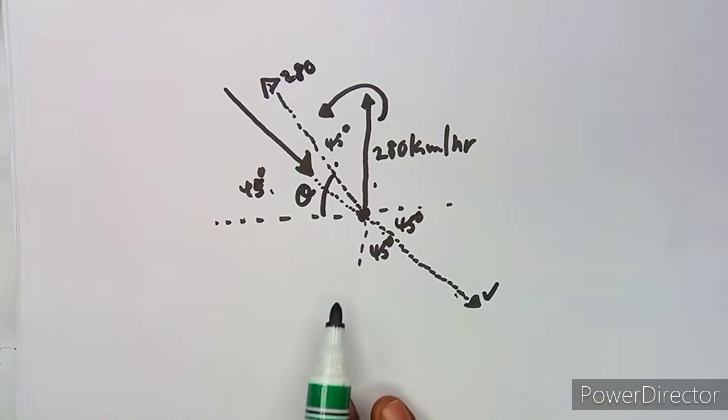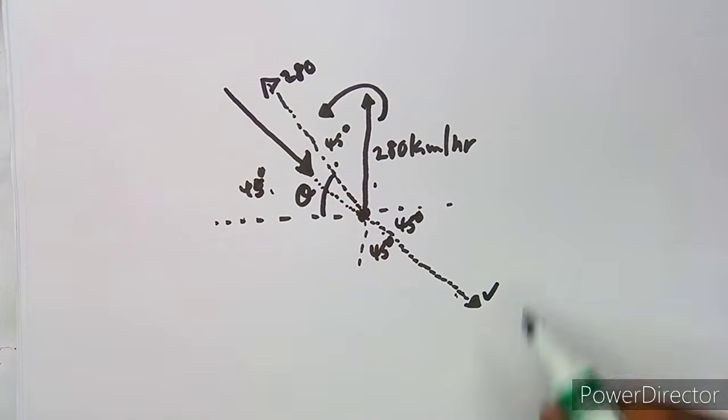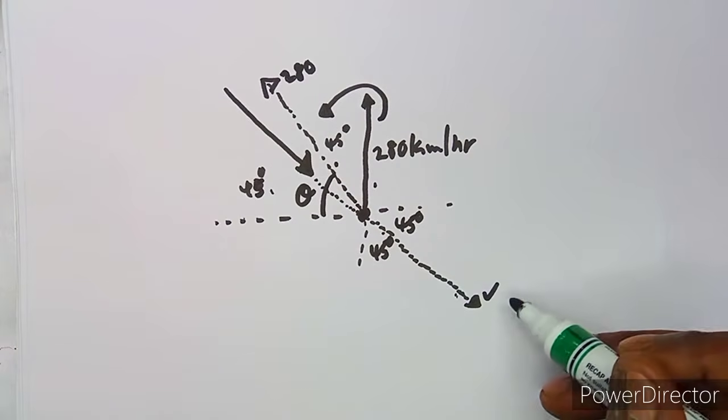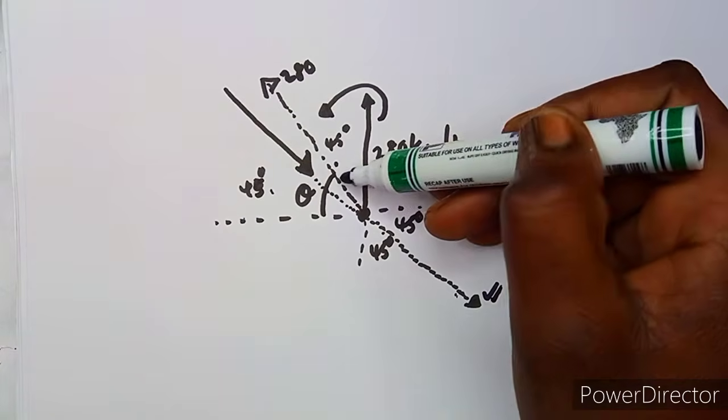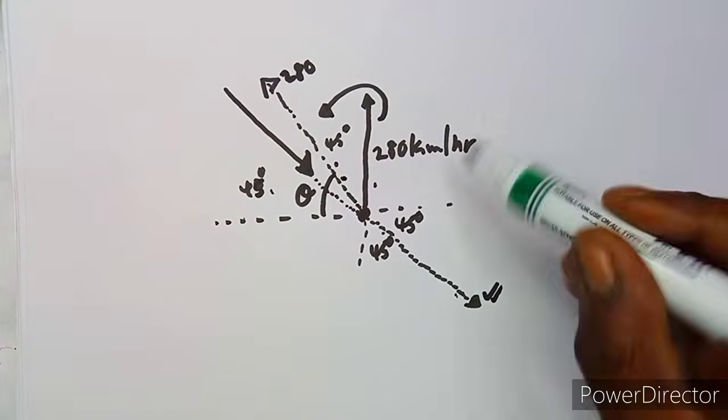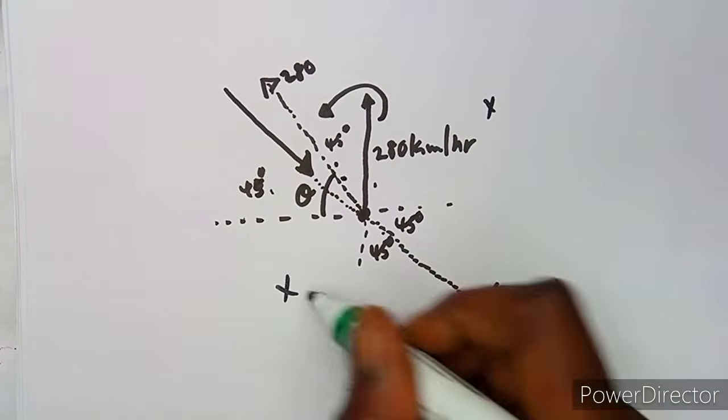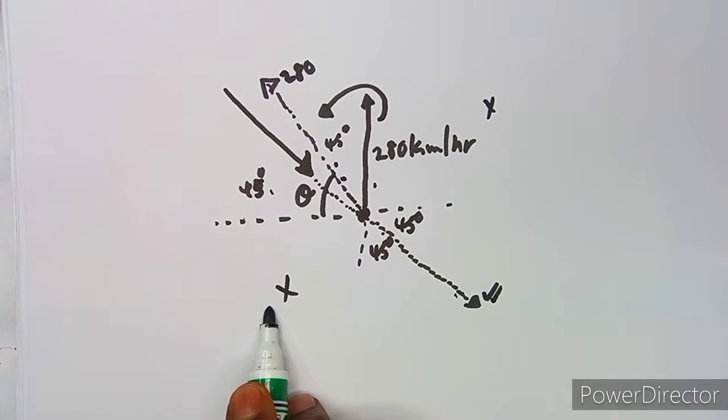Take note, guys, if the resultant of the wind is in this quadrant, therefore the aeroplane is supposed to be in the opposite quadrant. That's how you actually work out this diagram.